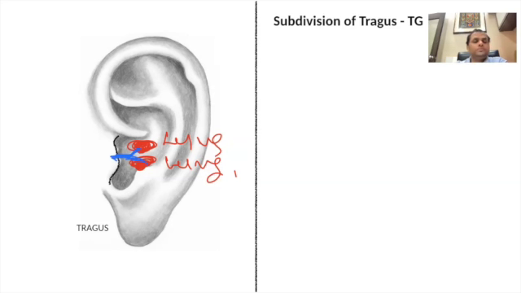Sorry, this is the air pipe. The air pipe is here. And the nose will be here. Nose यहाँ पर होगी.